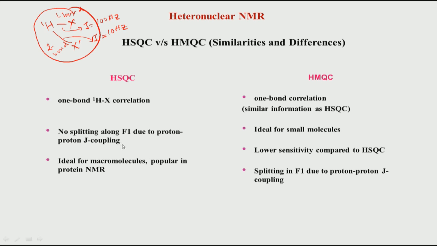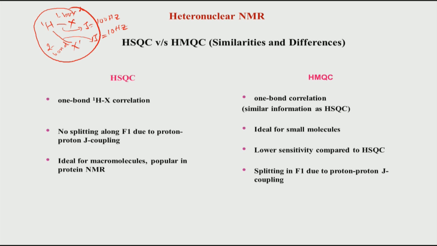That is why, with overall sensitivity being better in HSQC, we prefer it for biomolecules, where the molecules are very large in size. So, the signal to noise in biomolecules is always slightly lower compared to small molecules.